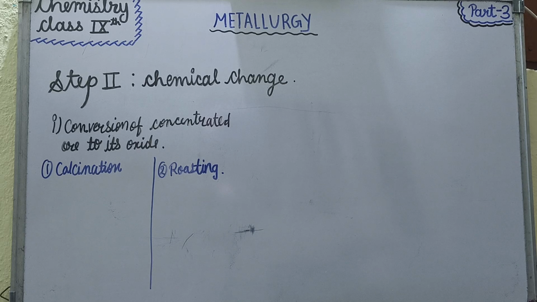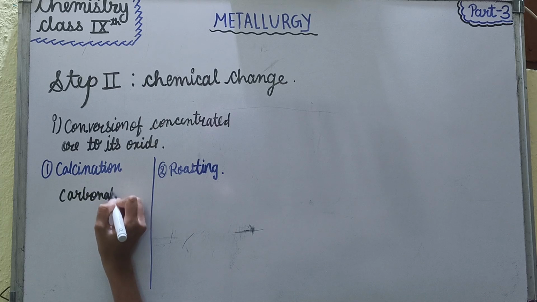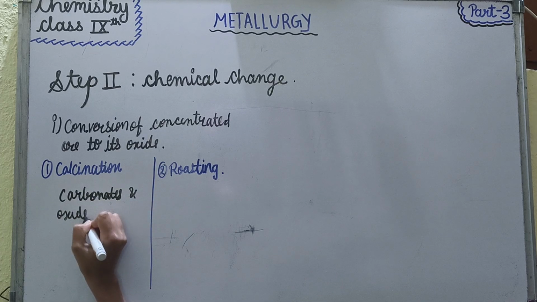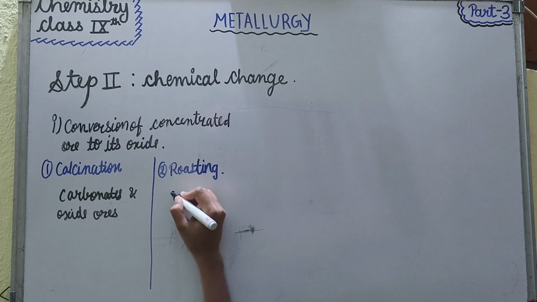Calcination is applied for carbonates and oxide ores, whereas roasting is applied for sulfide ores.